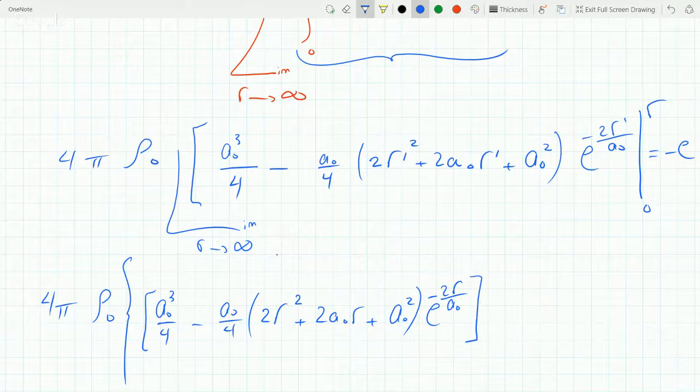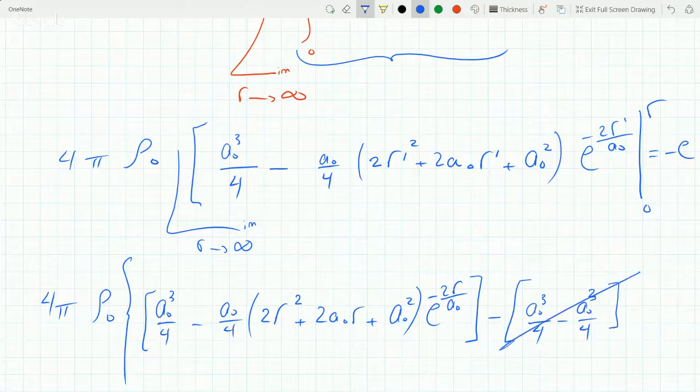This is the first term, the upper bound, minus. Now if I plug in 0 for r, I get a0 cubed over 4 minus a0 over 4, and the first two terms are 0. I get a0 squared, so this is a0 cubed here, times e to the 0, which is 1.